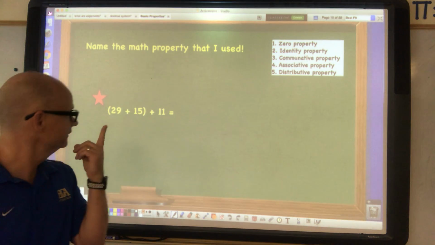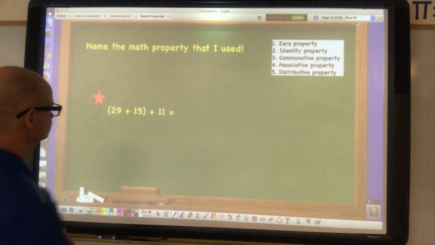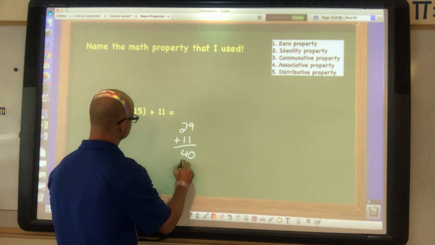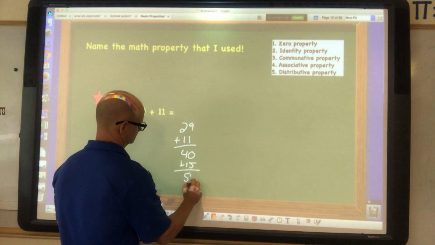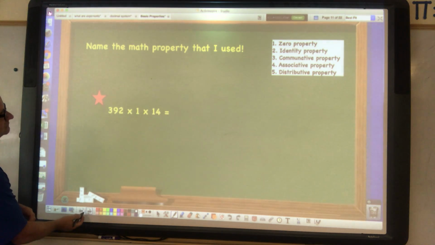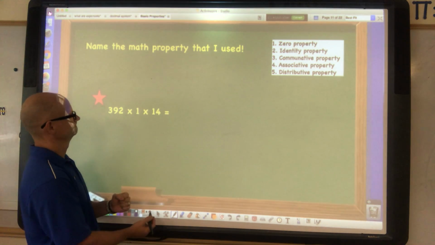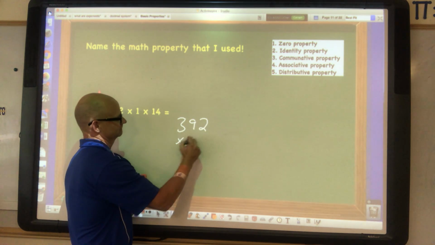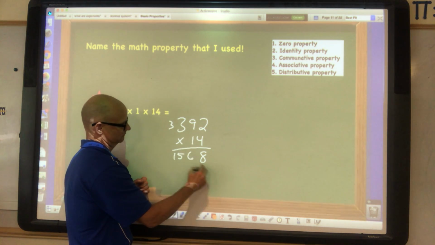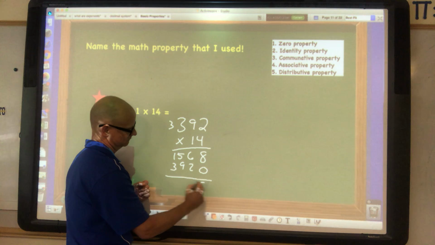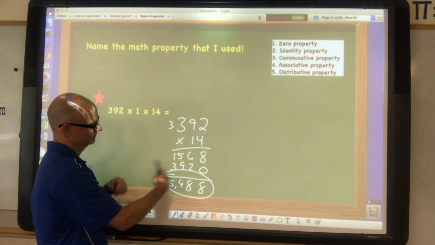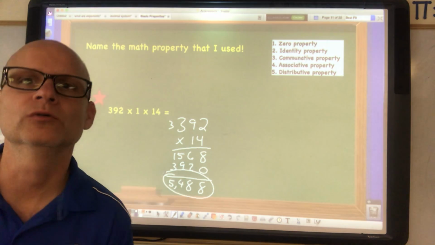And this one, name this property. Okay? What property did I use there? Okay, and this one. I think that's right as far as the math. 8, 36, 15. And name the property I use. Ooh, name the property I use there.